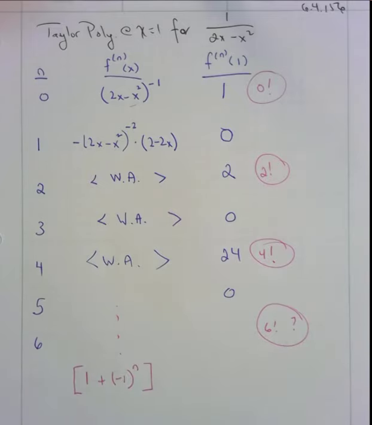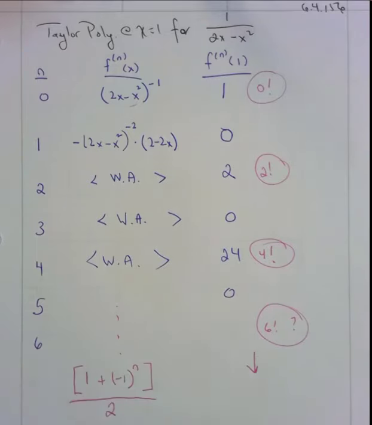That thing in brackets, 1 plus negative 1 to the n, is a quantity that will give me 0 for odd n, and will give me 2's for even n. But for now, the important thing is it'll be 0 for odd n. If I divide it by 2, now I've got a quantity that when n is odd will give me a 0. When n is even will give me a 1.